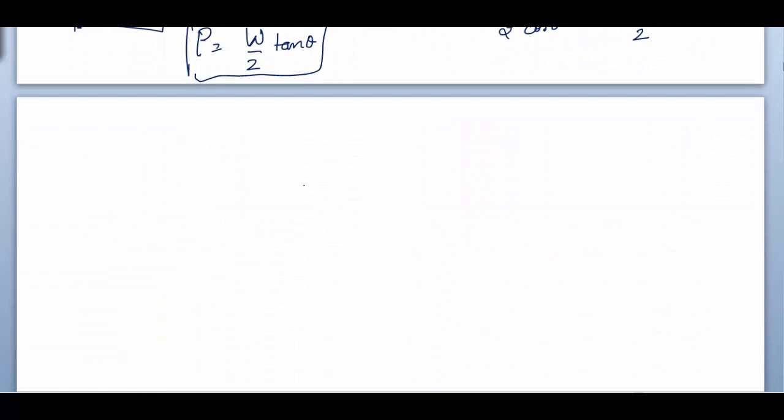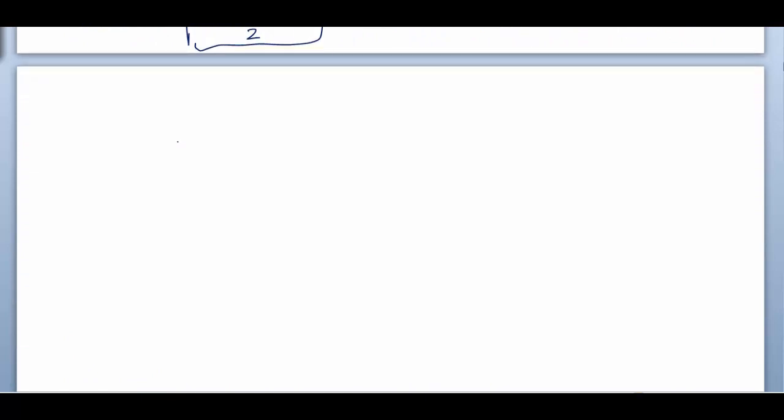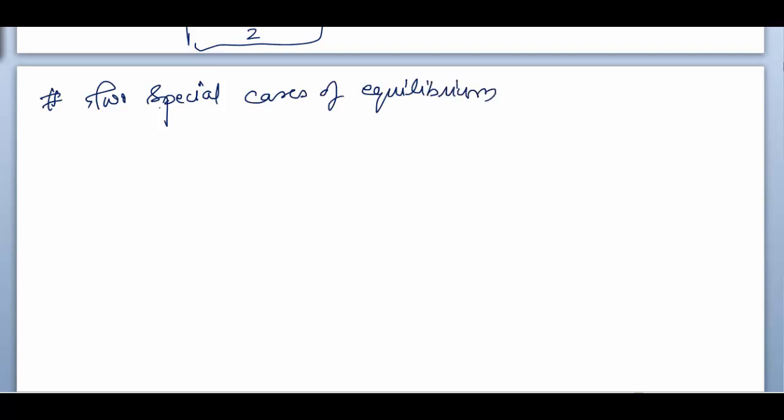Next topic is we take the special cases of equilibrium. There are two special cases. Two special cases of equilibrium. Case 1.